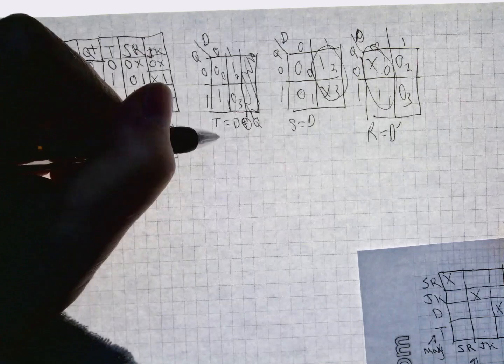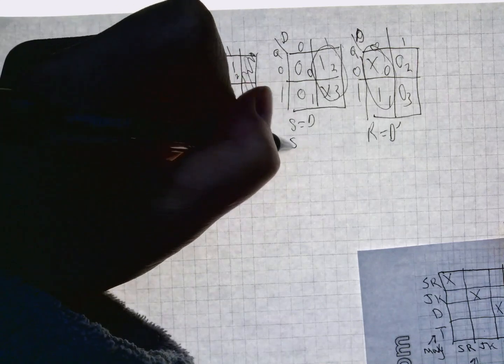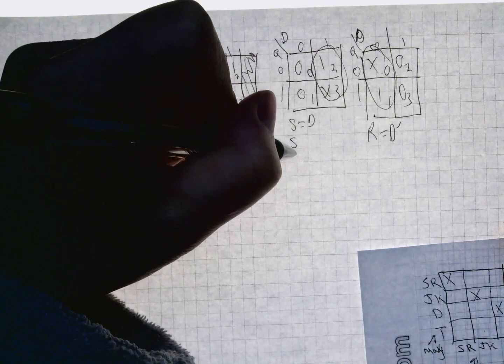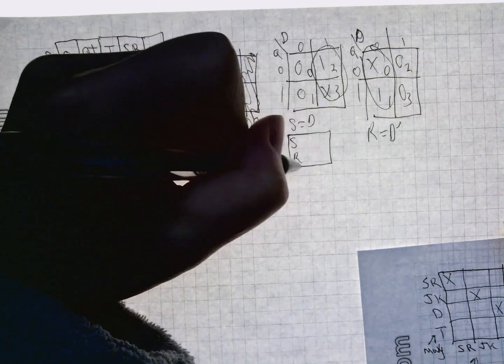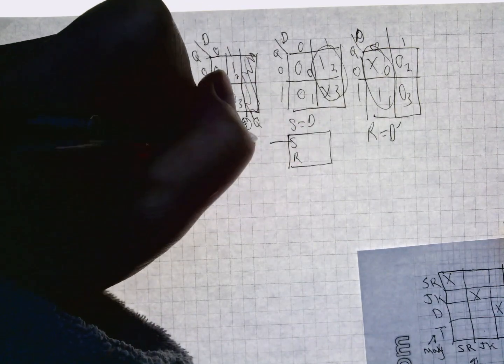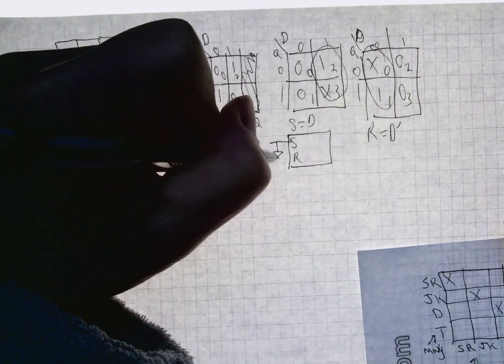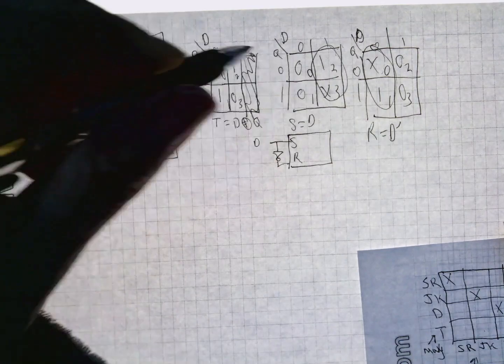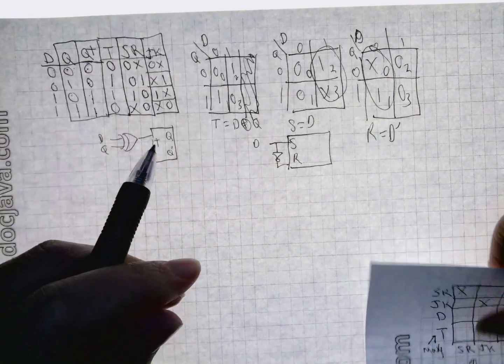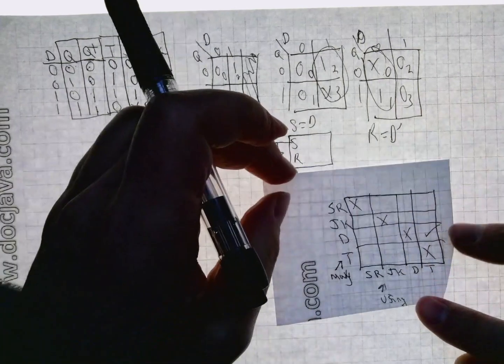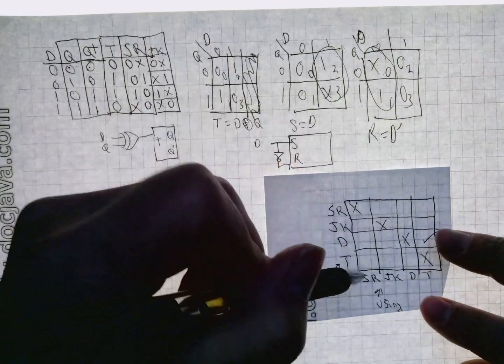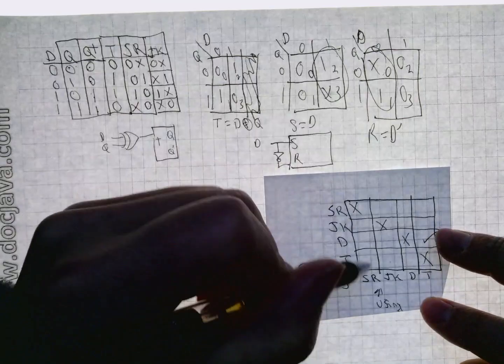Now R is equal to D prime. And what that tells me is that if I have an SR flip-flop, I can make a D flip-flop. So now we've got making a D using SR.